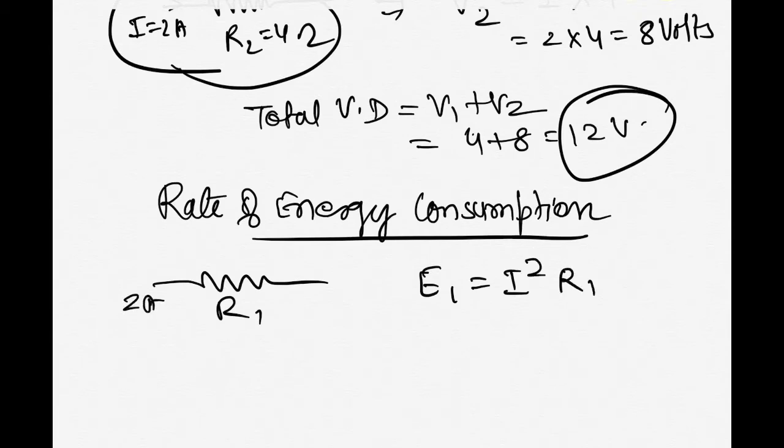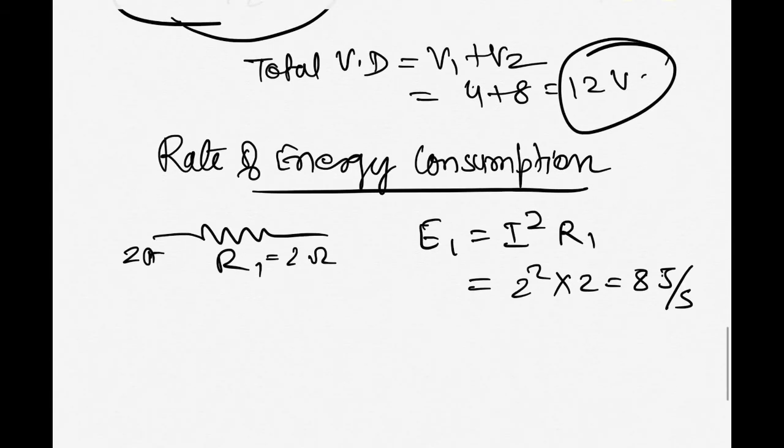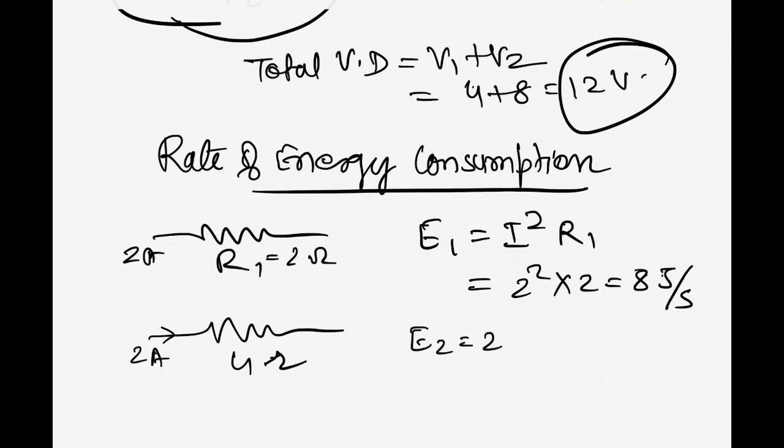I is 2 ampere, R1 is 2 ohms, so E1 is equal to 2 square into 2, so 8 joules per second. Remember, this is a rate of energy consumption, joules per second. Similarly, for R2, which is 4 ohms, with 2 ampere current, E2 is equal to 2 square into 4, so this is 16 joules per second.